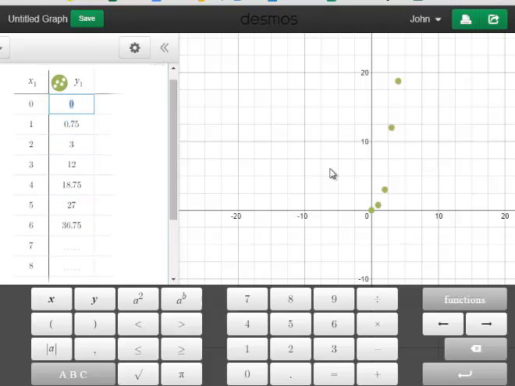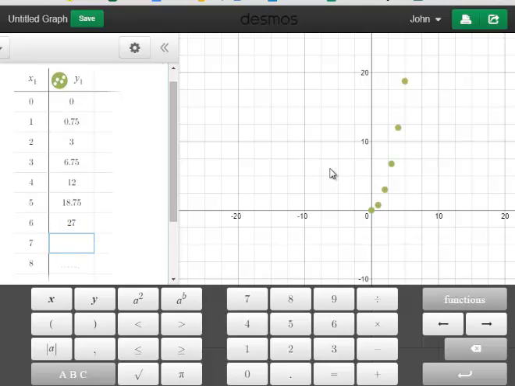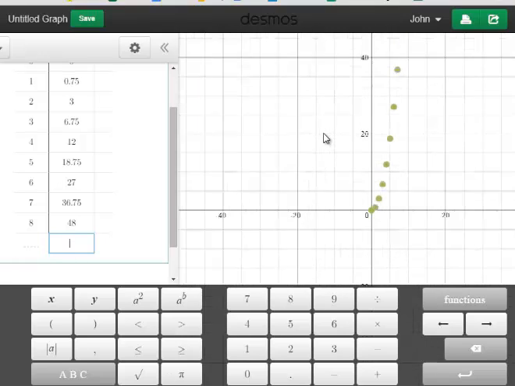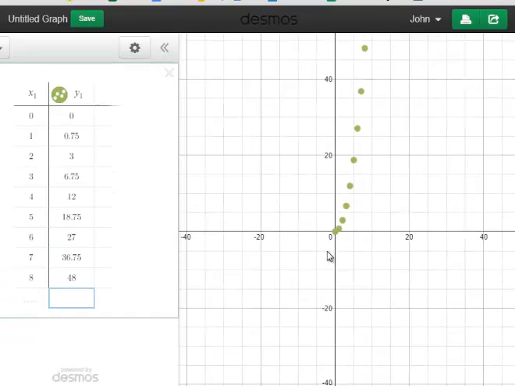So I got 0, 0.75, 3, 6, this should be 6.75, then 12, then 18.75, then 27, 36.75, and 48. And as you look at the data, when it's all put in, it's definitely parabolic. It's not a linear fit of data.